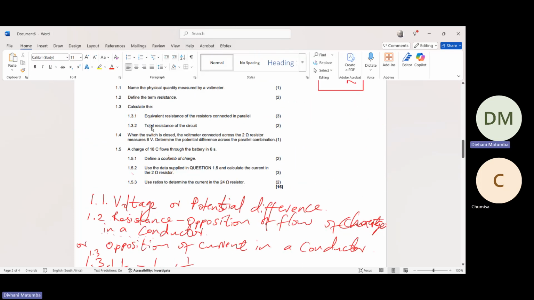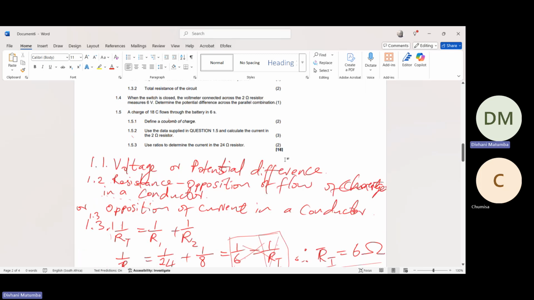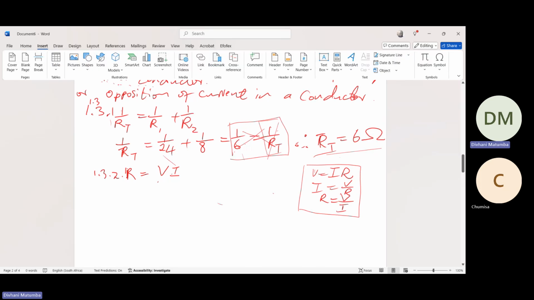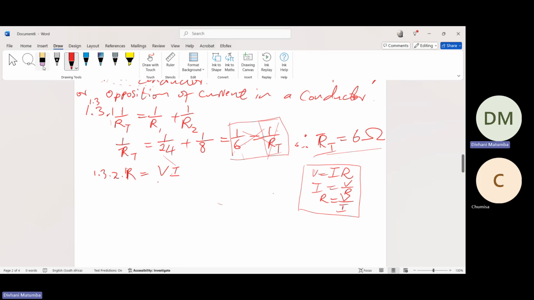And remember, here they said the total resistance of the circuit. The reason why I asked you to calculate the equivalent resistance is because in order to calculate the total resistance, you need to have all the equivalent resistances and add them with all the resistors that are connected in series.